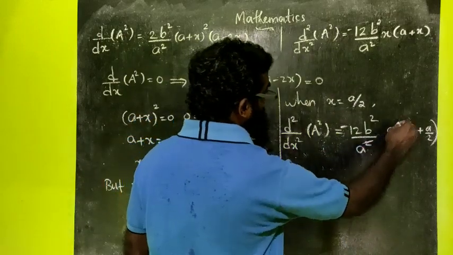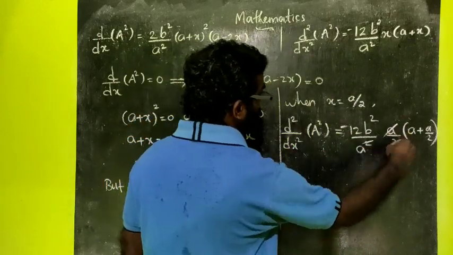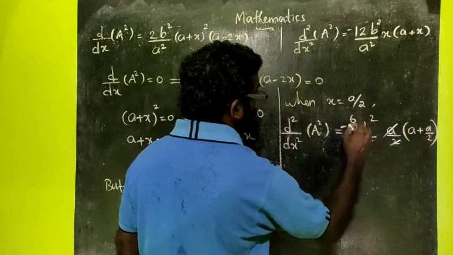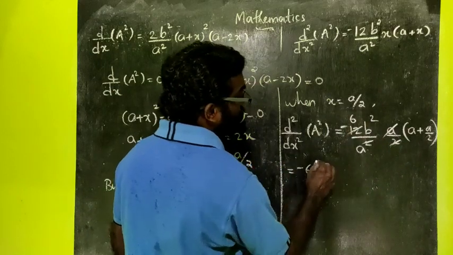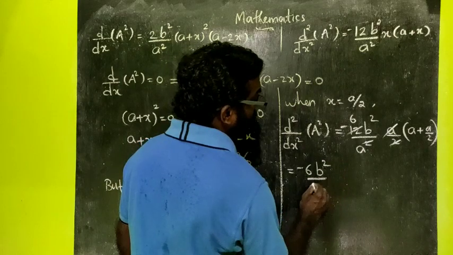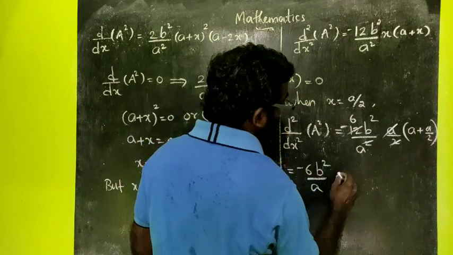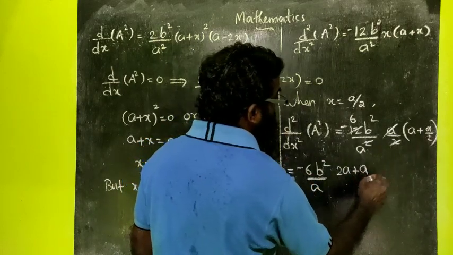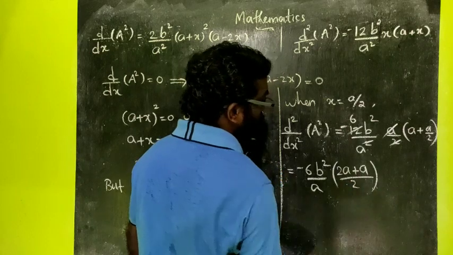Here on a we can cancel, 2 and 12 we can cancel, 6. Minus 6b square by a, here we can cross multiply, (2a plus a) divided by 2.